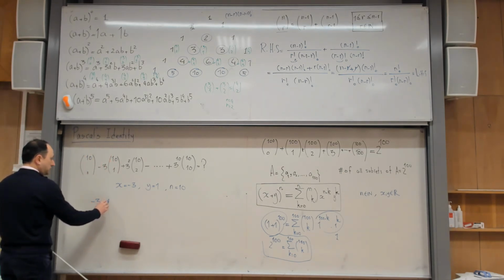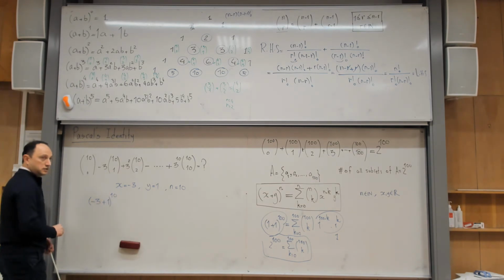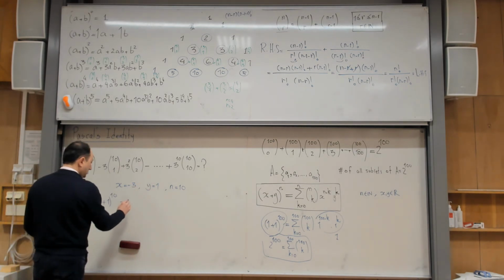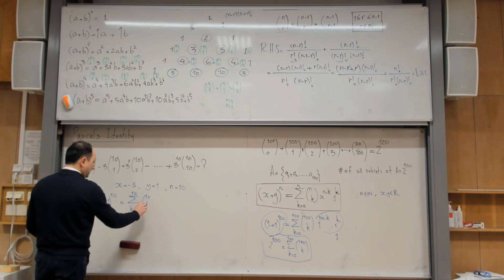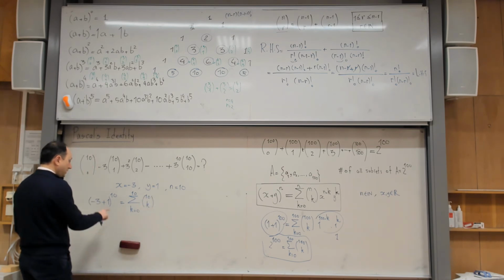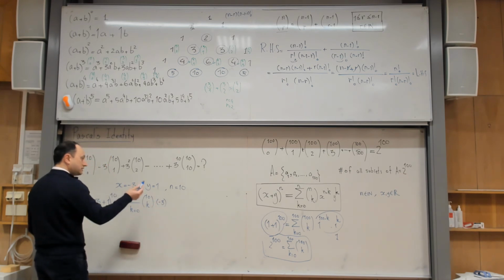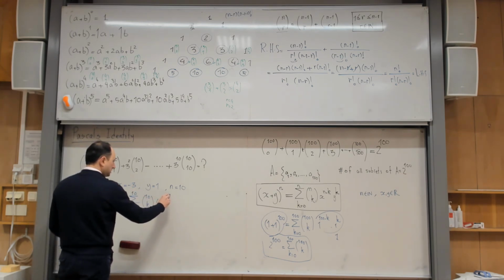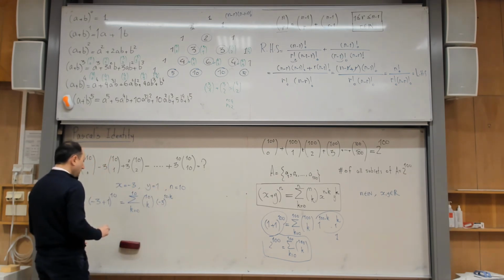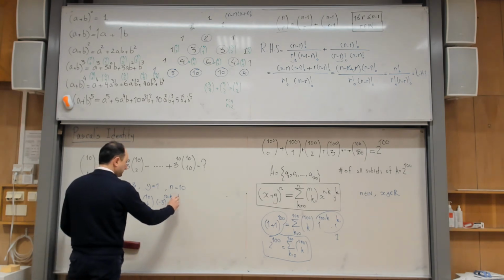Instead of y, you said I put 1. Instead of n, I put 10. And I start writing it out, yes? This becomes sigma, k goes from 0 to 10, 10 choose k. And then instead of x, you have minus 3 to the power of 10 minus k. And then y to the power of k.